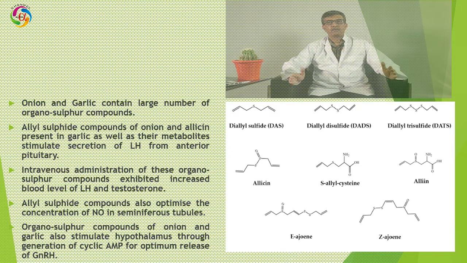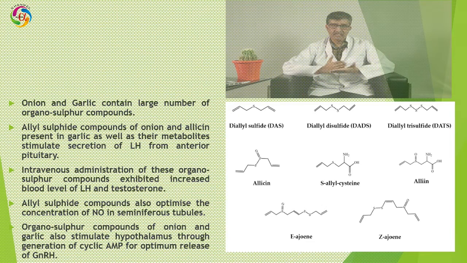We know that onion and garlic contain a lot of organosulfur compounds. These organosulfur compounds are responsible for the pungent smell of onion and garlic. We have found that if we cut an onion, tears come out from our eyes, and that is due to the organosulfur component present in the onion.